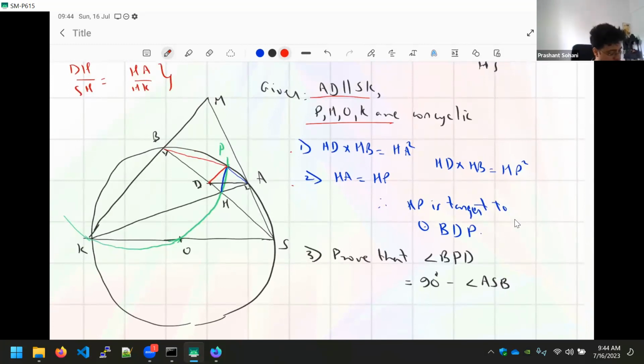That creates some additional pairs of equal angles, basically this property, HD into HP equal to HP square, or the tangency. Can you think of any similar triangles which are related to these properties?